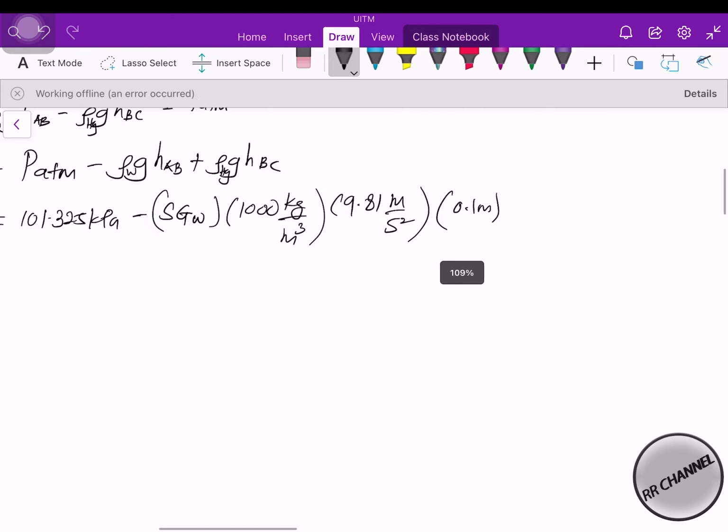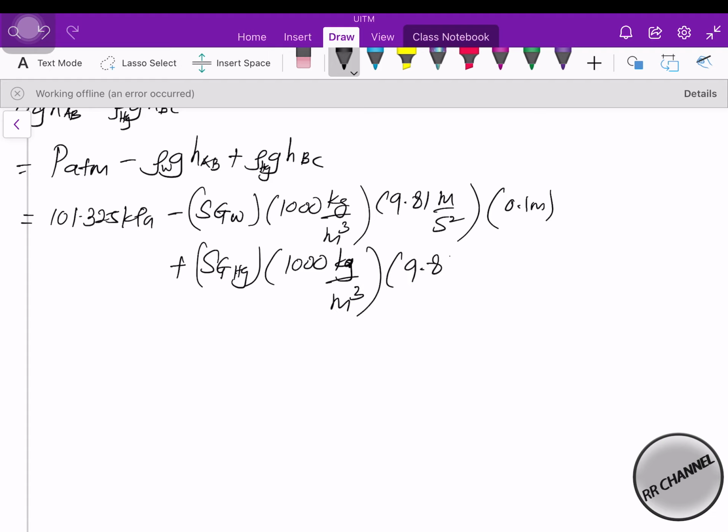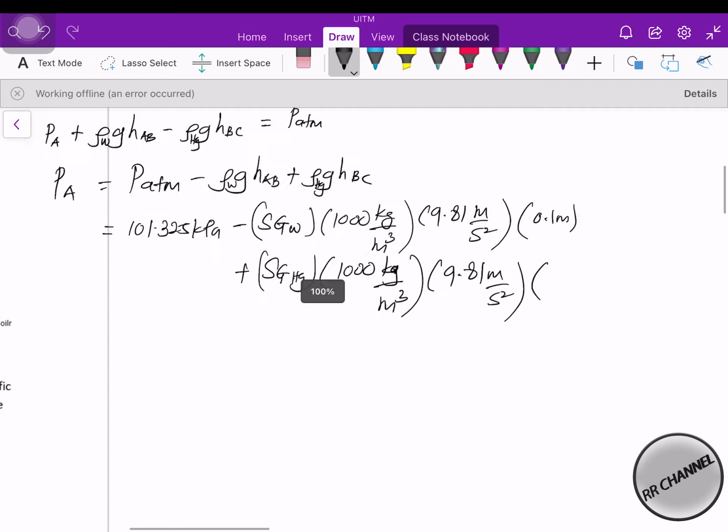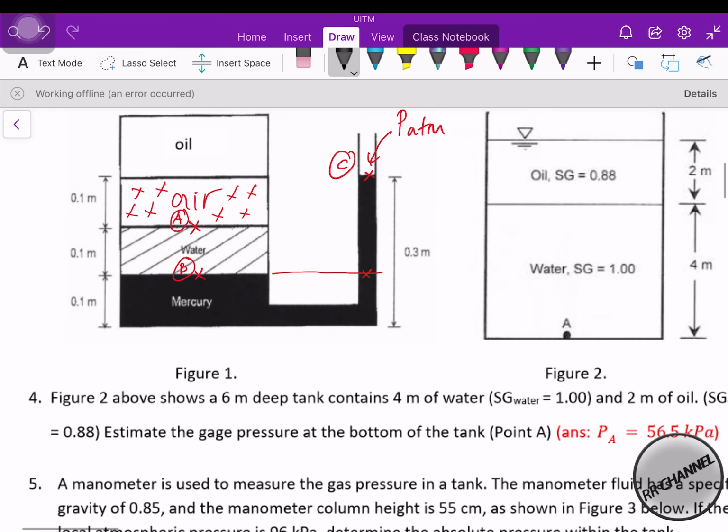And then you add, I put down here, plus rho Hg equal to Sg of the mercury multiplied with 1000, multiplied with g, multiplied with the distance or depth between point B to point C. So B to C is basically equal to 0.1 plus 0.1, or here is 0.3.